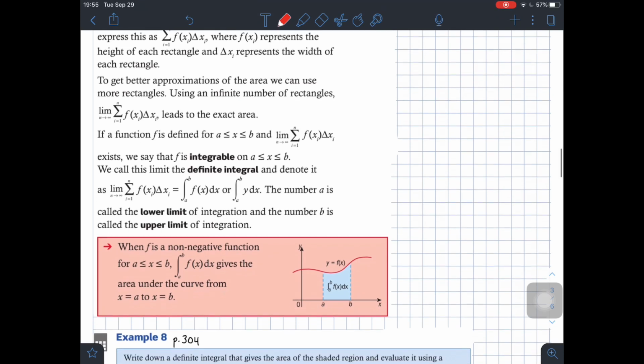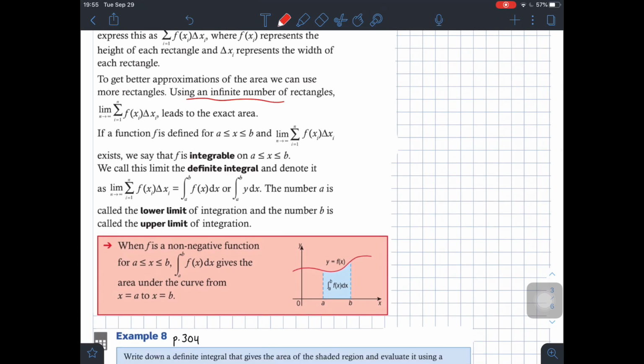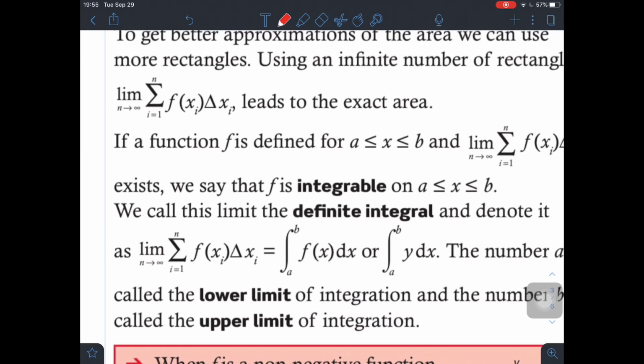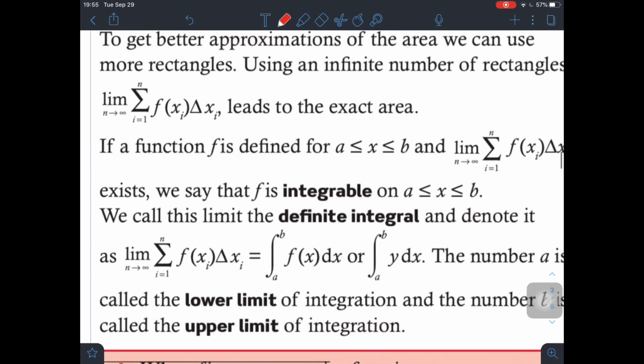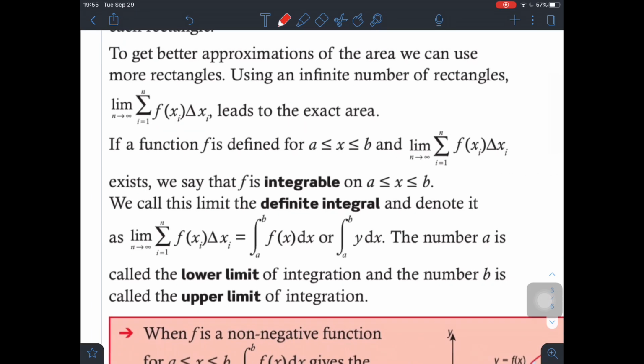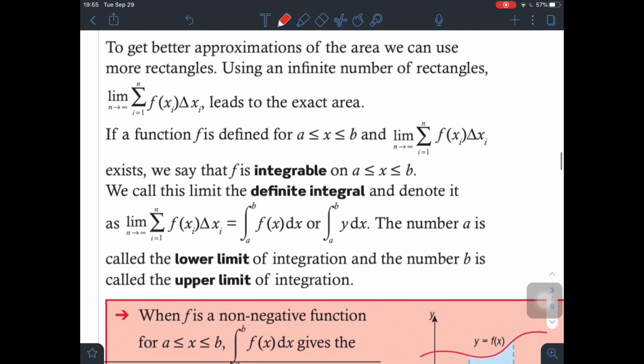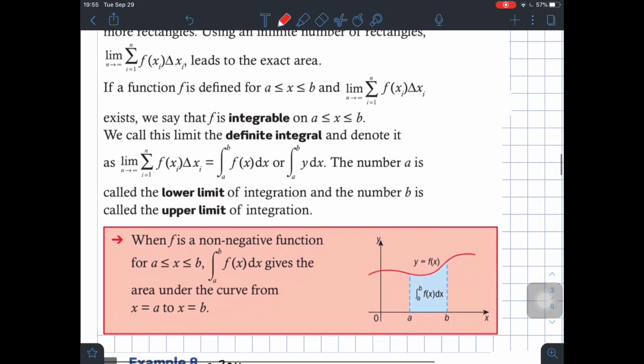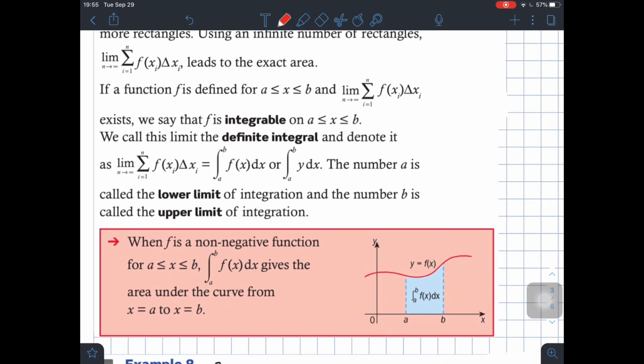To get better approximations of the area, we can use more rectangles. Using an infinite number of rectangles, which is the limit when n approaches infinity, of the sum of the areas of all rectangles leads to the exact area. This is just, as I told you, a theoretical explanation of what the integral represents.